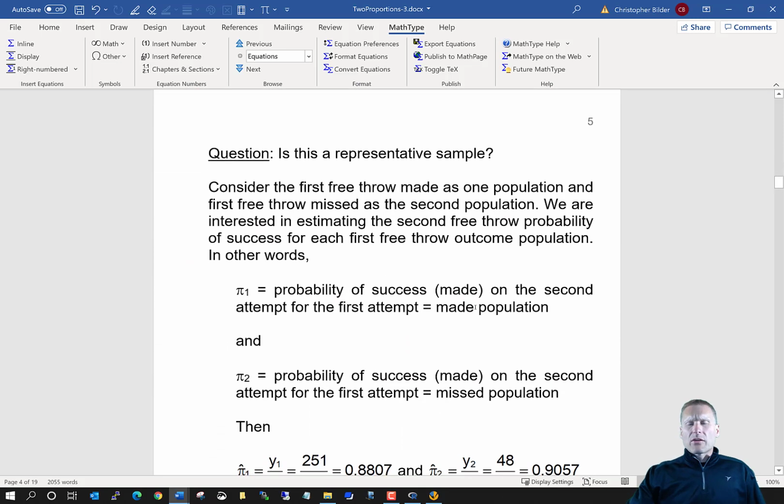So question, is this a representative sample? Well, this data actually came from two of Larry Bird's seasons. Representative samples, maybe. As long as Larry Bird was consistent throughout his career, and he essentially was, except for at the very end when he was injured, this would be representative, even though it is not a random sample.